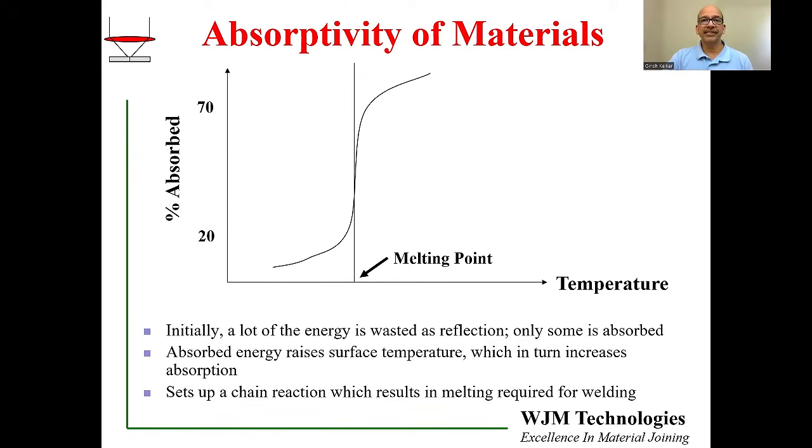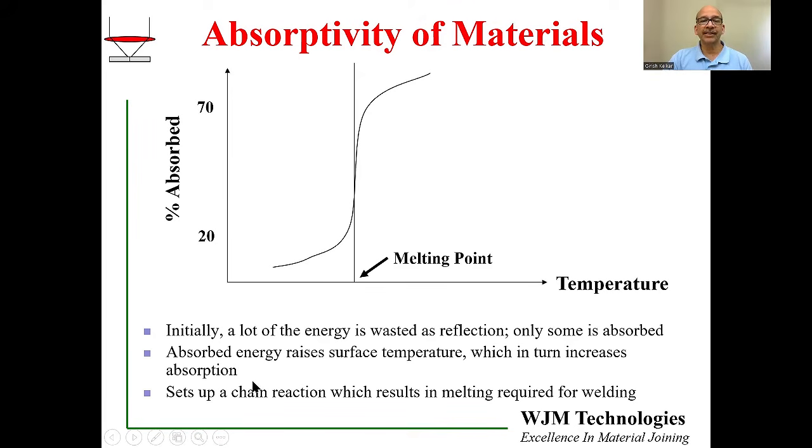As the temperature increases, the absorptivity for that particular wavelength increases. So as the temperature goes up, the absorption goes up. The next wave of photons which are coming down are absorbed better than the previous wave. And then the temperature rises even further.